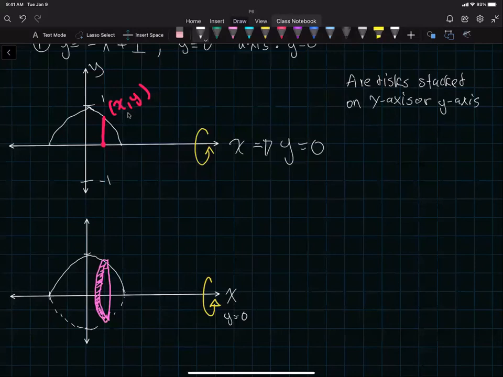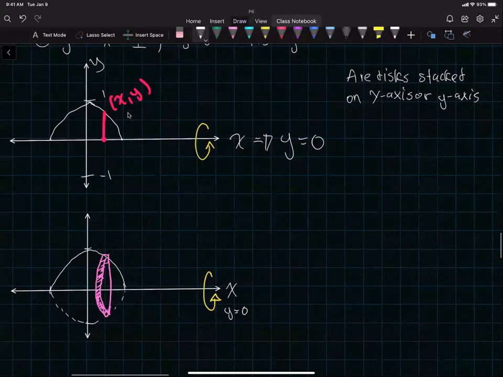Stacked on the x-axis. So remember, if they're being stacked on the x-axis, then we're going to be using dx. Okay, and that means that my limits a and b have to be in terms of x.